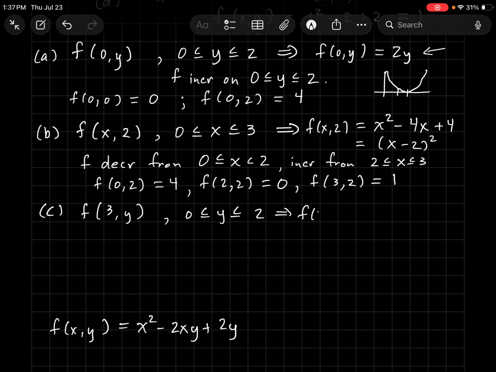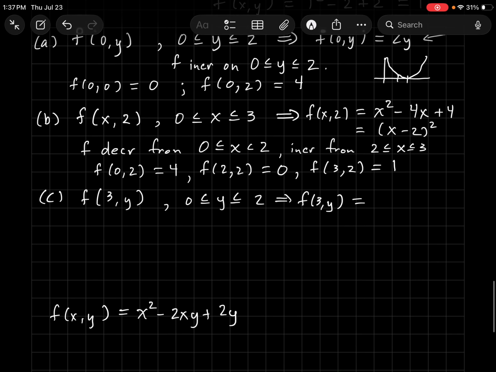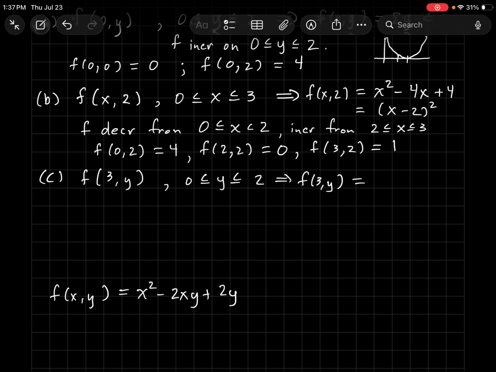So f of 3, y, plugging it back into my original function, we end up with 9 minus 4y. And this function is decreasing on the interval 0 to 2.